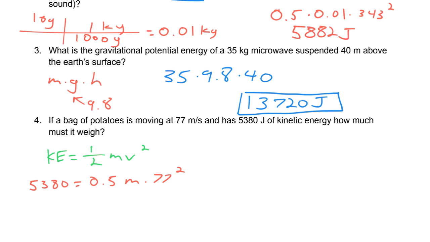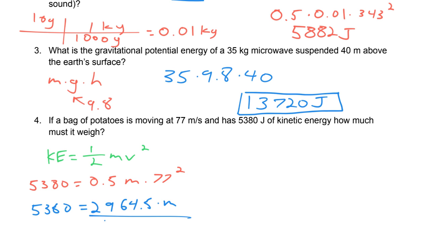So what we plug into our calculator is everything except for the m on this side, the 0.5 times 77 squared, and we get 2,964.5 is all of those numbers. It's still times the mass, equals 5,380.